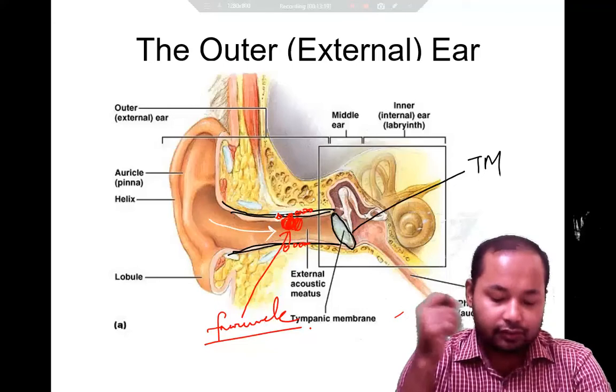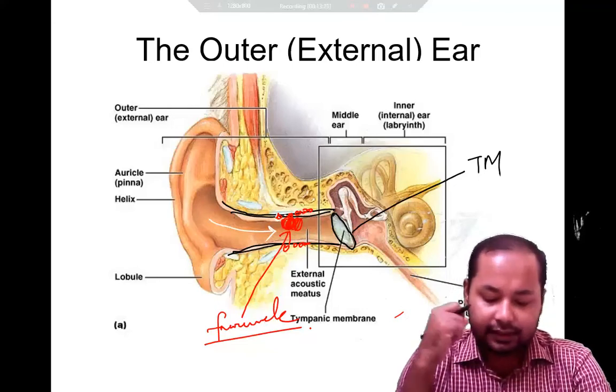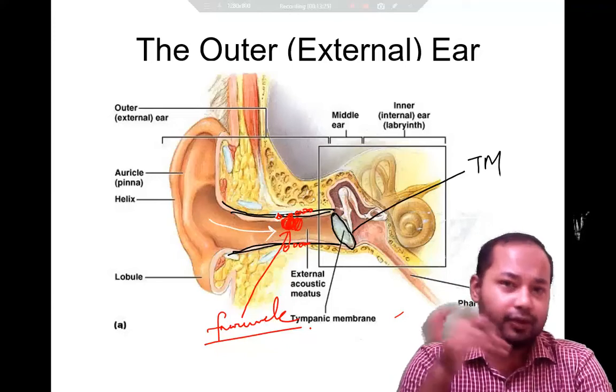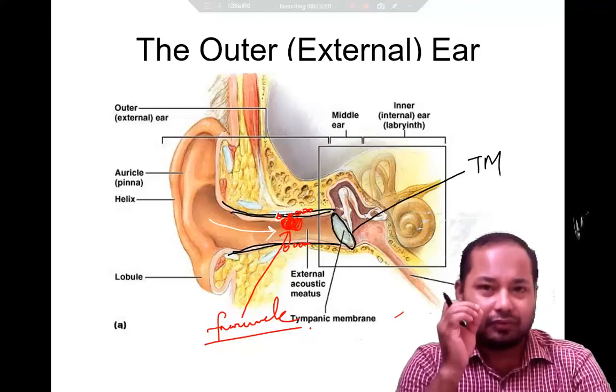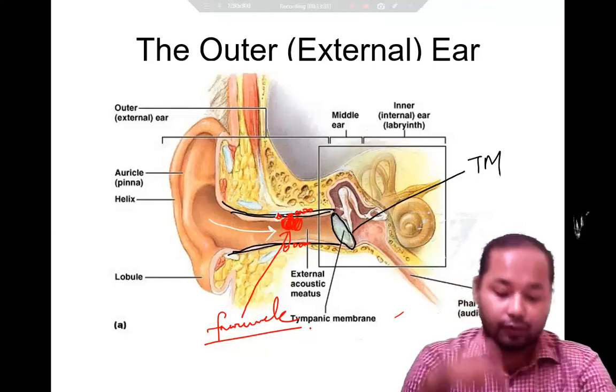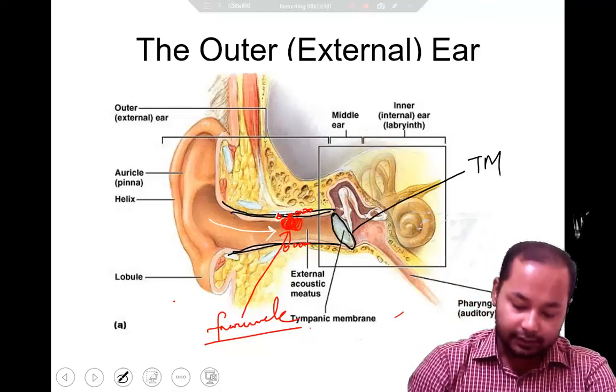In maximum cases, when there is some problem in the external auditory canal and some foreign body is lodged, or you have cerumen, the earwax, that may also block this part. Earwax I am denoting by yellow color.